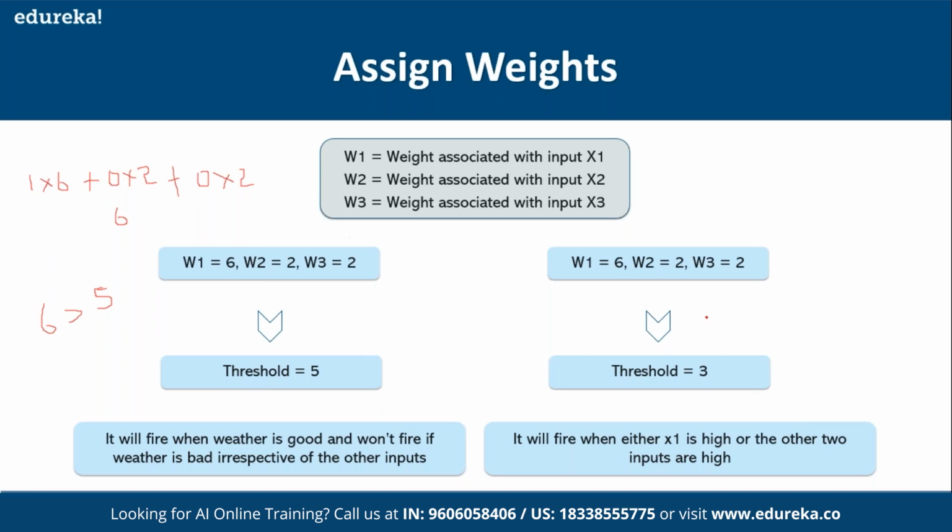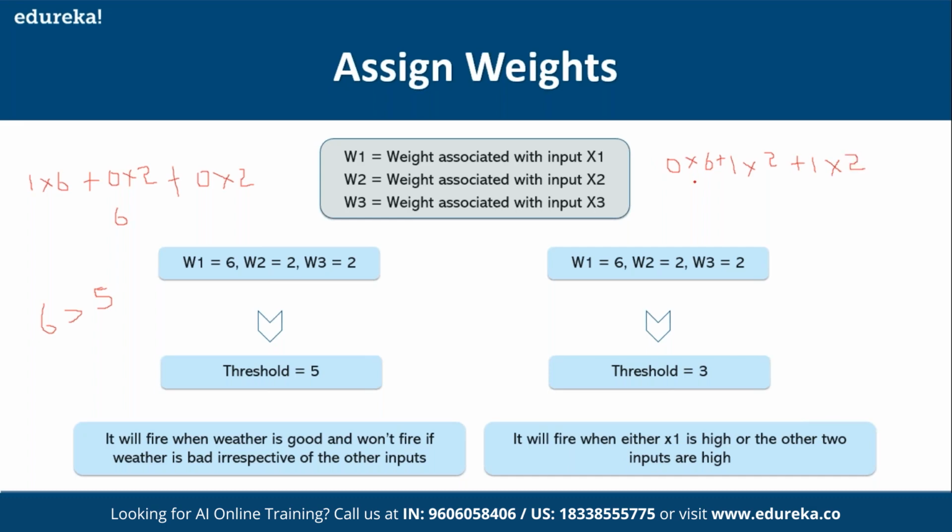Assume we change the weights, or rather, we are not changing the weights, we are changing the threshold. Now in this case the weather is bad, which means 0 into 6. Assume the spouse is accompanying you for the beer party, which is 1 into 2, and we also have public transport available, 1 into 2.